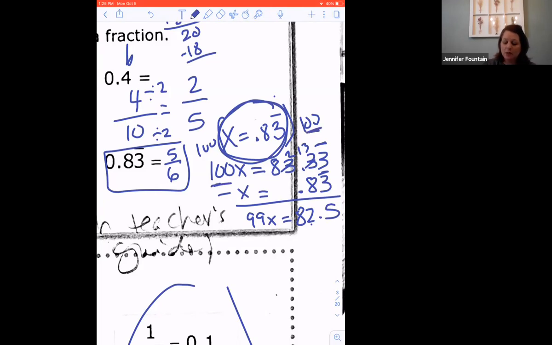So I multiply that by 100. Then I subtract the 1x that I had, and then I divide by 99 and divide by 99. So then 82.5 divided by 99 ends up equaling, just a minute, I'll tell you.